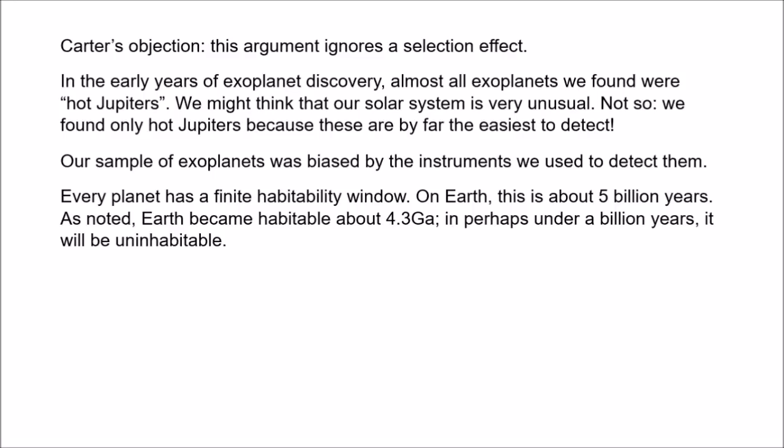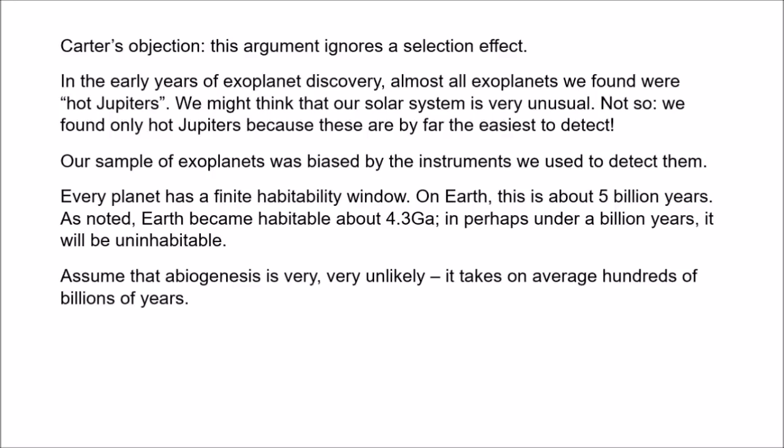Okay, so imagine the following scenario. Assume, for the sake of argument, that abiogenesis, the step from no life to life, is very, very difficult. It takes, on average, hundreds of billions or even trillions of years. If you have a habitable planet, it's going to take trillions of years for life to arise, on average.